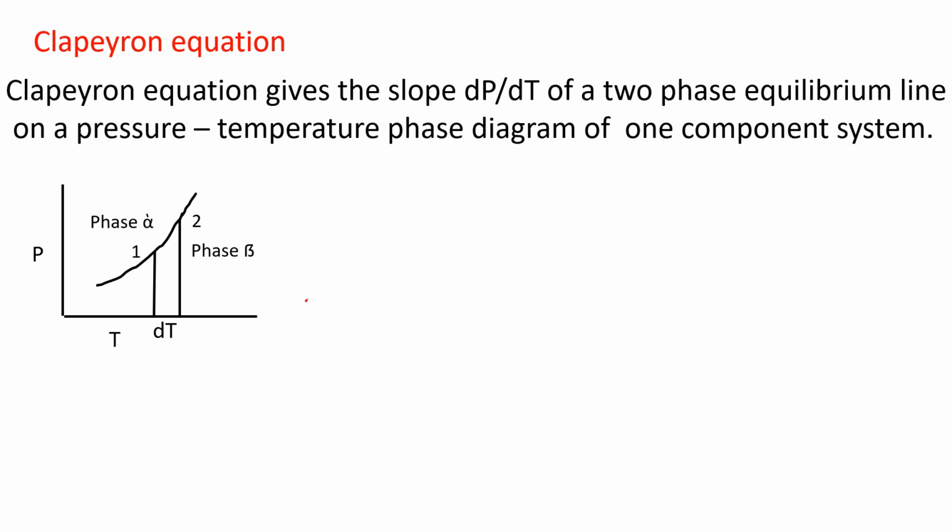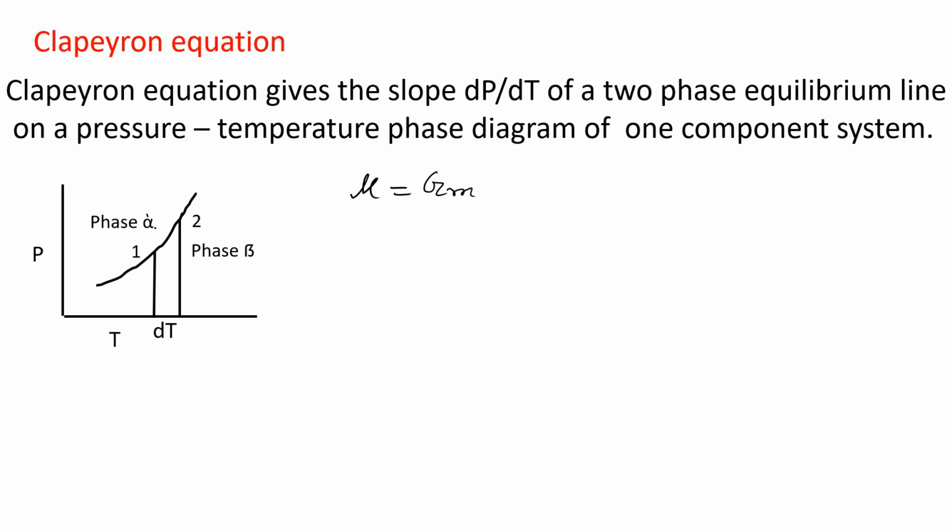So, know that for pure substance, 1 mole, the chemical potential mu is equal to the molar Gibbs free energy. That I have told in my earlier video. This is number 1. And number 2, phase equilibrium means two phases of a substance are in equilibrium means chemical potential of the substance in every phase should be same.